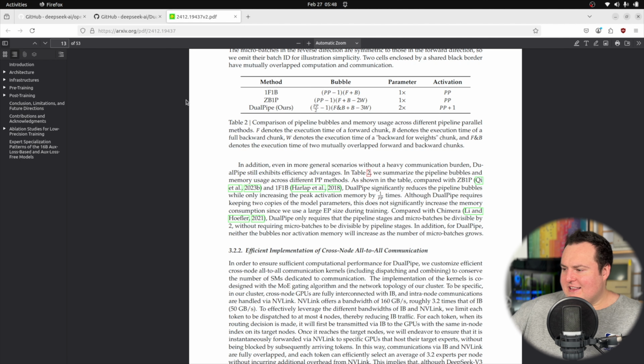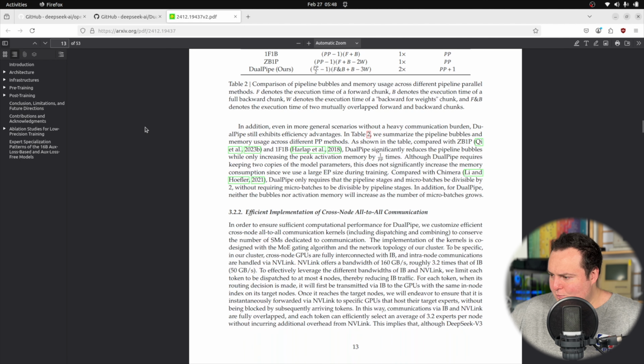Now, something I think is kind of interesting about this that made me curious is that somewhere down here they say that although DualPipe requires keeping 2 copies of the model parameters, this does not significantly increase the memory consumption since we use a large EP size during training.